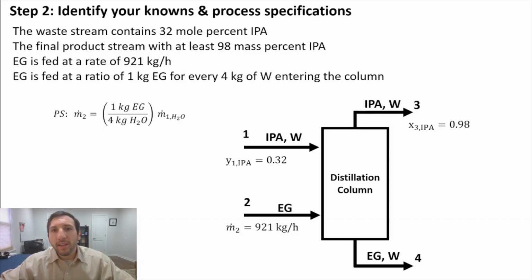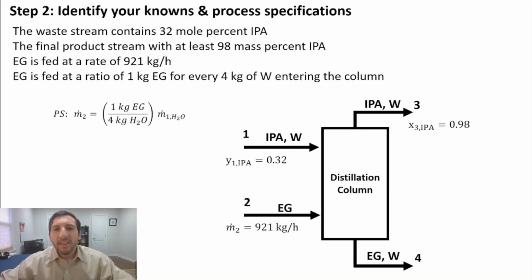The numerator and denominator both have a mass of water, and therefore those water terms are going to cancel out, leaving me with a mass flow rate of ethylene glycol, which is the correct units we need for m2 dot.